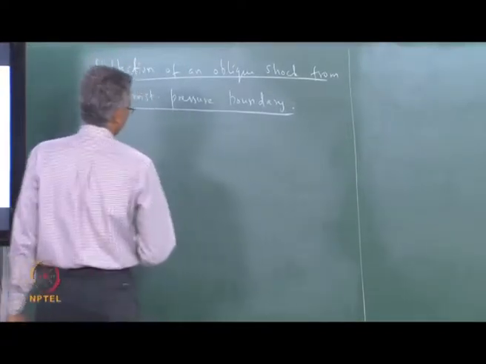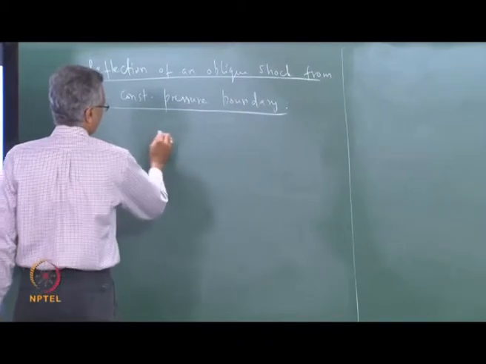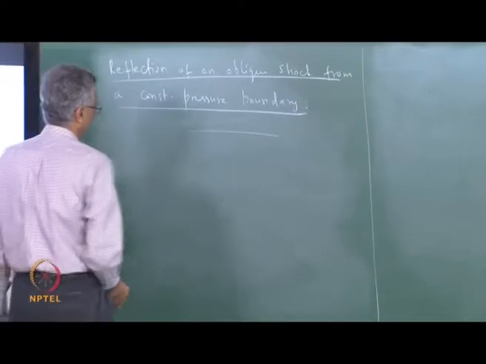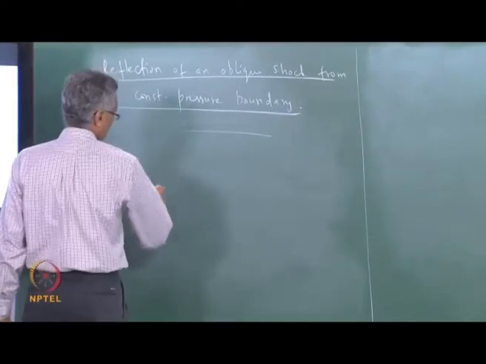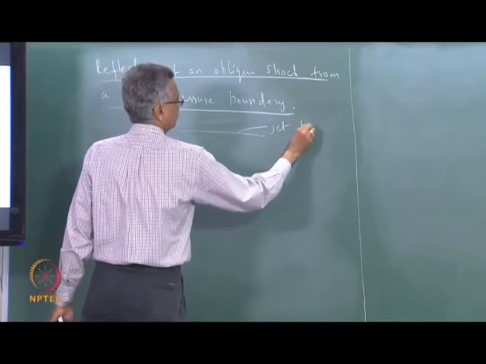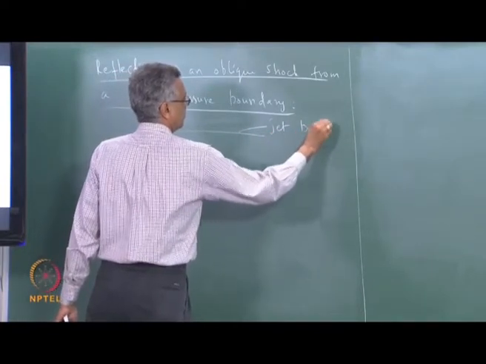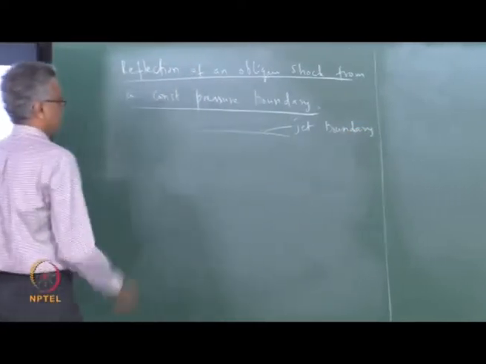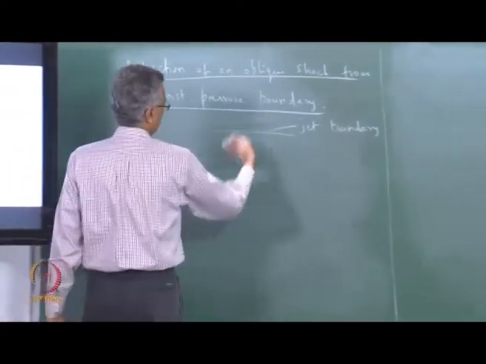Now we are looking at a situation where, let's say we have a jet boundary like this, and an oblique shock somehow is triggered. So this is, say, a jet boundary or a constant pressure boundary. So pressure is the same across this.